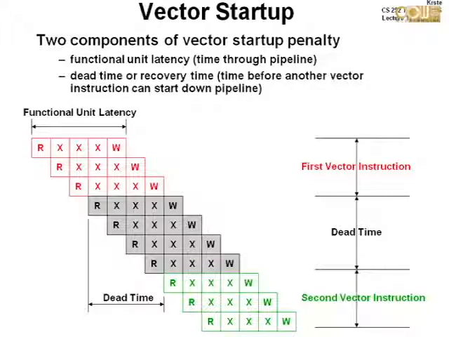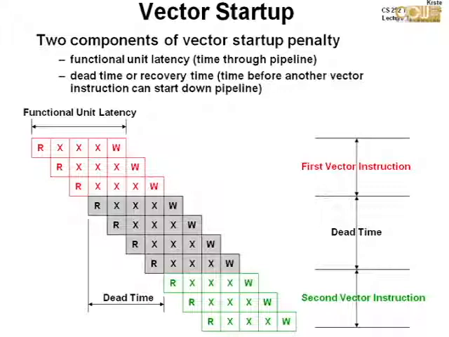And the startup time, finish time, if this is a function unit latency, if this is the time axis, then what we can do is like this: red operation, gray operation, and green operation. And we define something called dead time. First vector instruction, then dead time, then the second vector instruction.